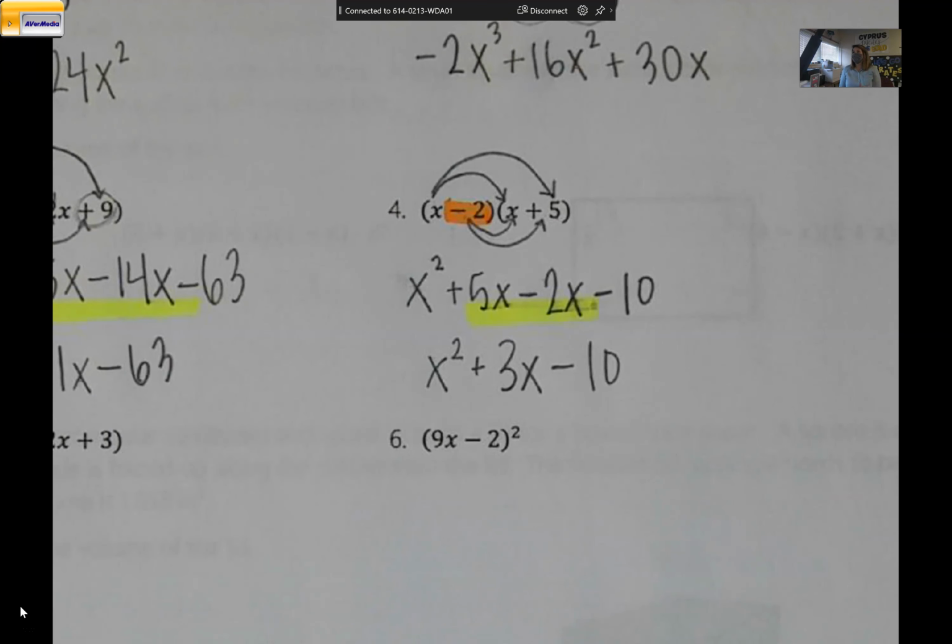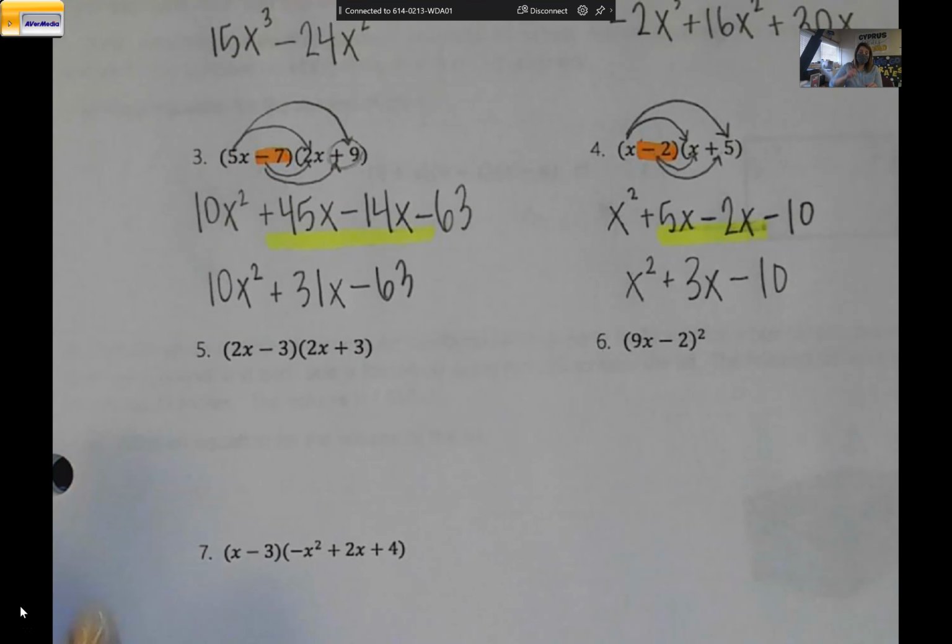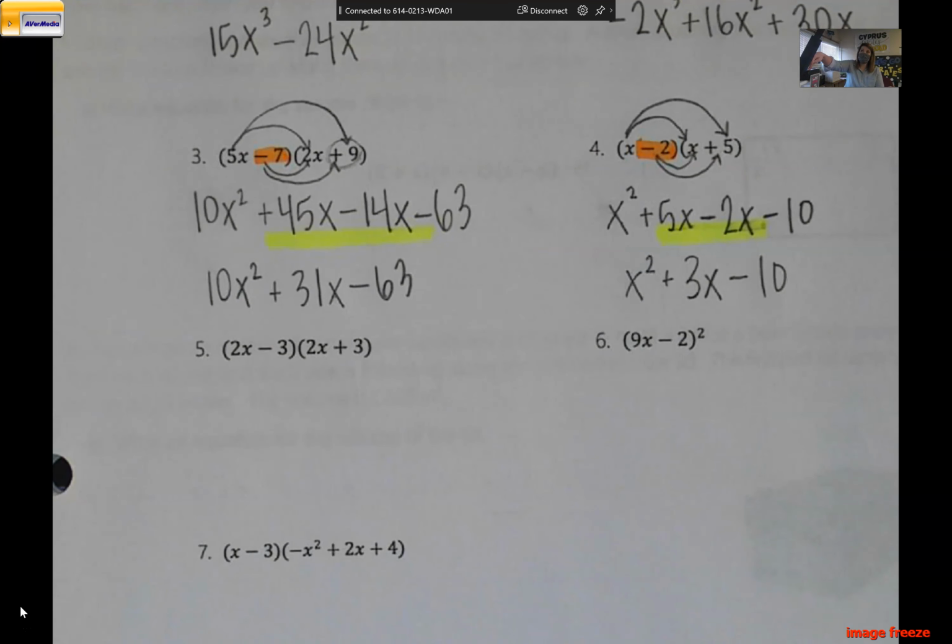So the next one is very similar. I'm going to have you try it, and I'm going to walk around to see how far you get. So you're going to try this one just on your workbook. I'll come do one pass through, and then we'll check answers.